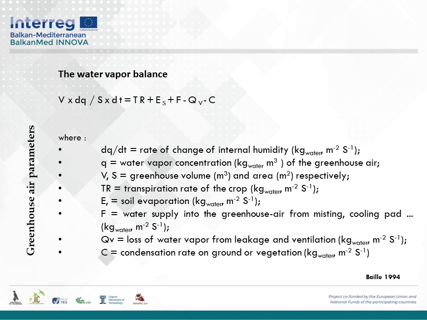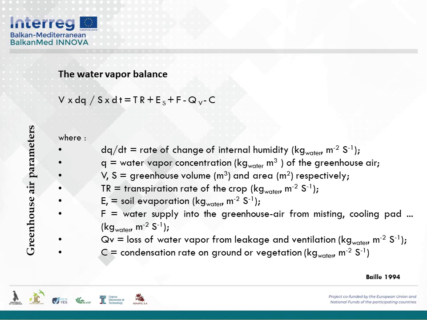Clearly, these factors reach a certain balance, and this water vapor balance of greenhouse air can be expressed by this equation here, and you can find here the explanation for all the factors which contribute to this water balance, starting from the rate of change of the internal humidity, the water vapor concentration, or else absolute humidity of the greenhouse air, the volume and the area of the greenhouse, the transpiration rate of the crop, very important, and the soil evaporation.